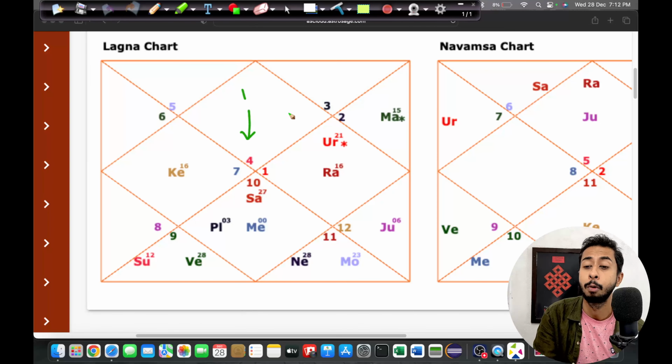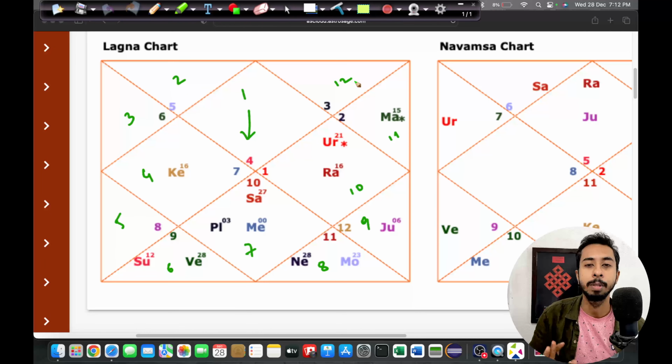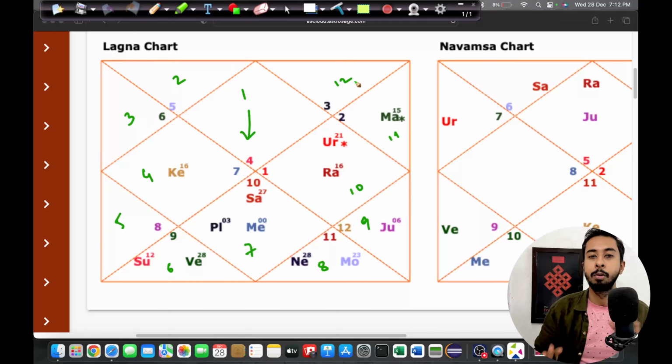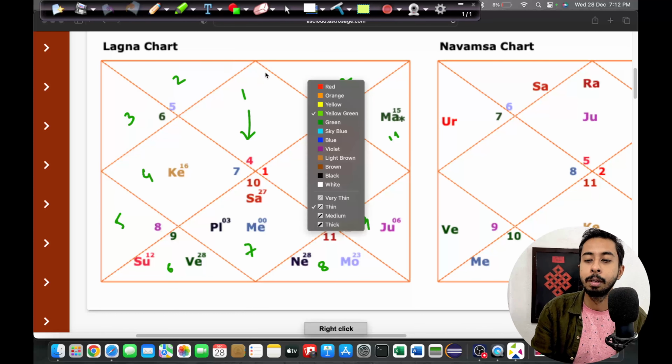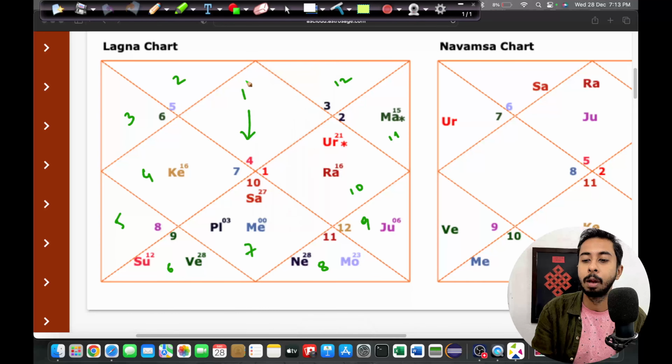Just understand, this is house number 1, this is house number 2, this is 3, this is 4, this is 5, this is 6, this is 7, this is 8, this is 9, this is 10, this is 11, this is 12. And it will be the same for every individual. For every birth chart it will be the same. Understand it. This will always be house number 1, this will be 2, this will be 3, in this way.